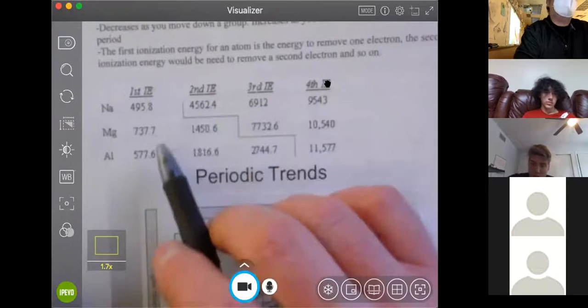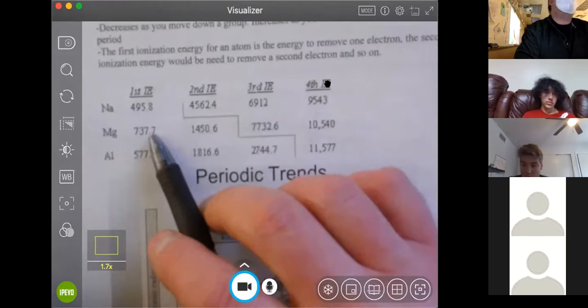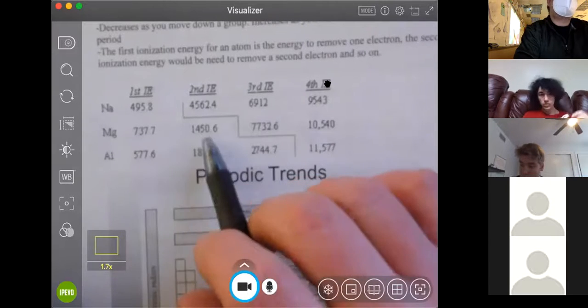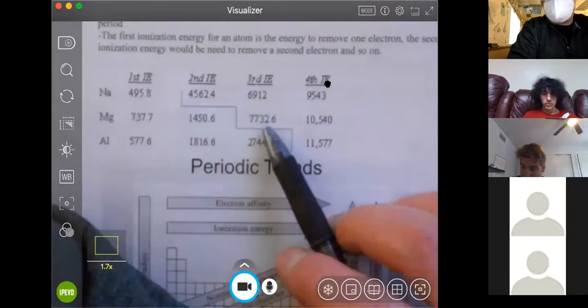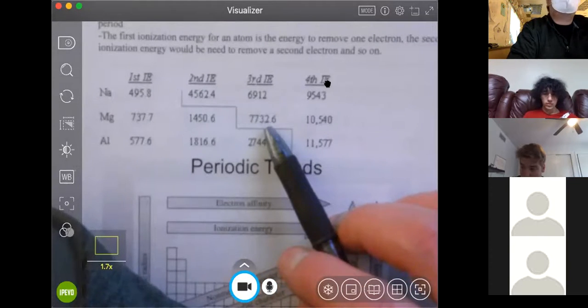That's not always that way. 740 kilojoules to take the first electron away from magnesium. 1450 to take the second one away. But if you want that third one from magnesium, it's going to cost you about 5 times more energy.